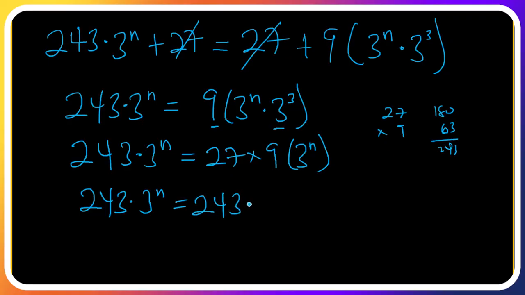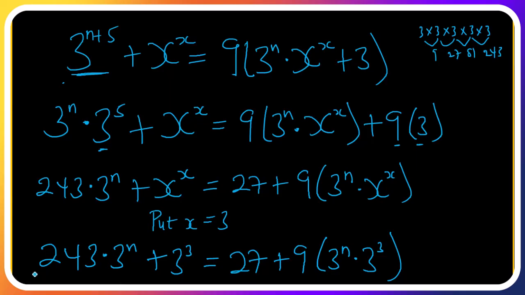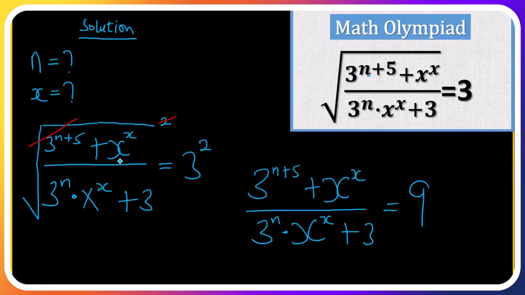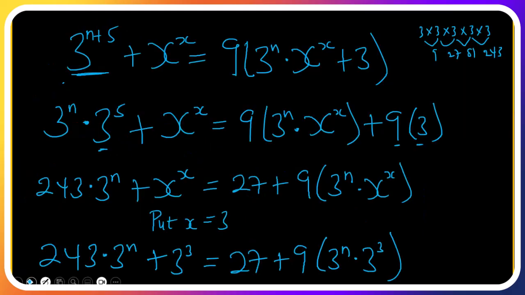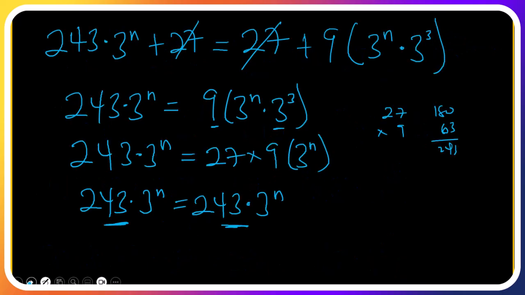So 243 by 3n, the expression at our left hand side, is equal to the expression at our right hand side, meaning our value x from the equation is 3, and the value n is equal to all real numbers.